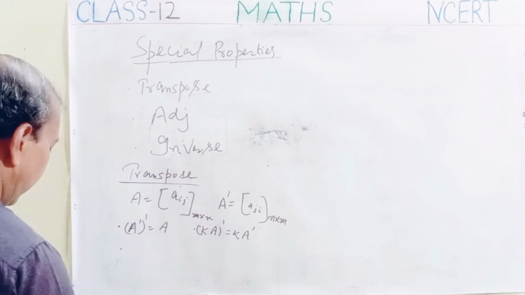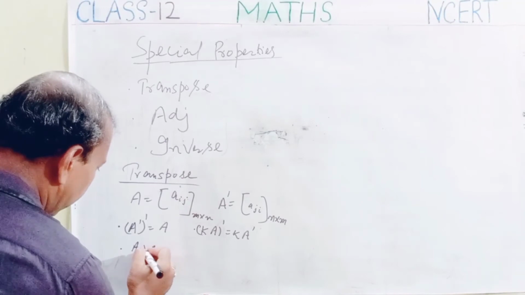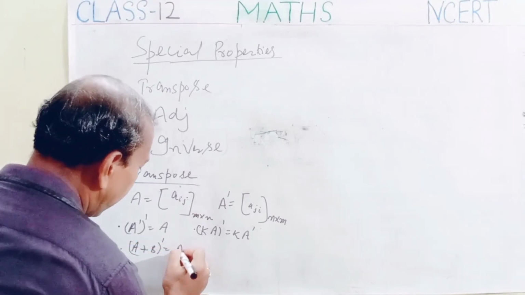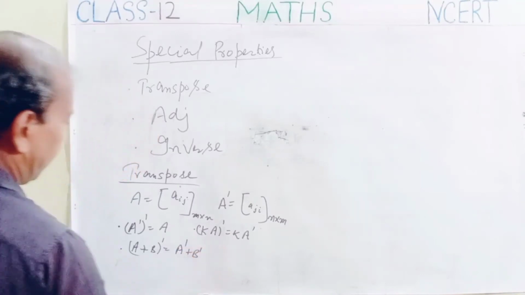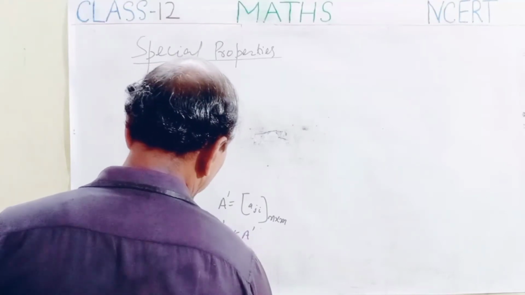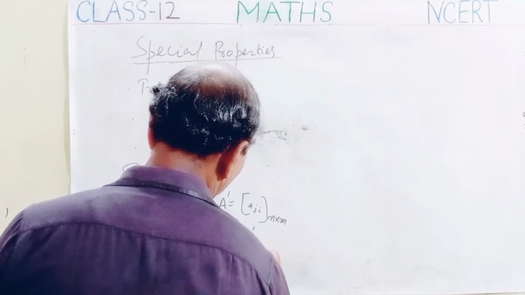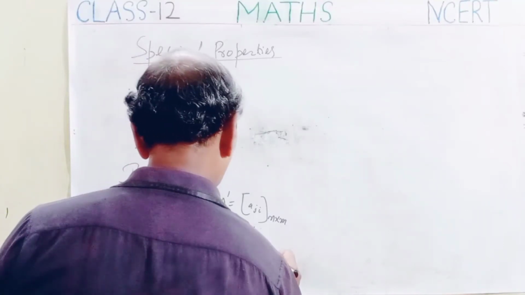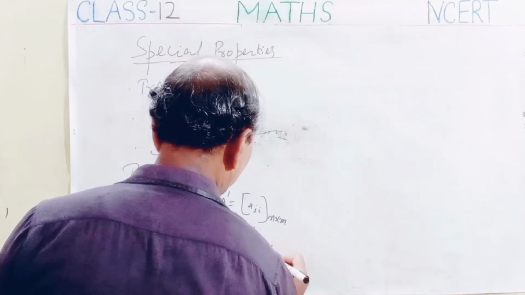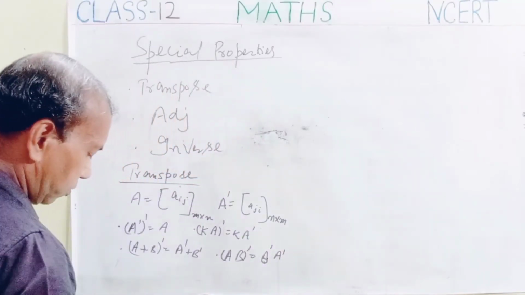Similarly, the transpose of A plus B is simply A transpose plus B transpose. And the transpose of the product of two matrices A and B is B transpose into A transpose.